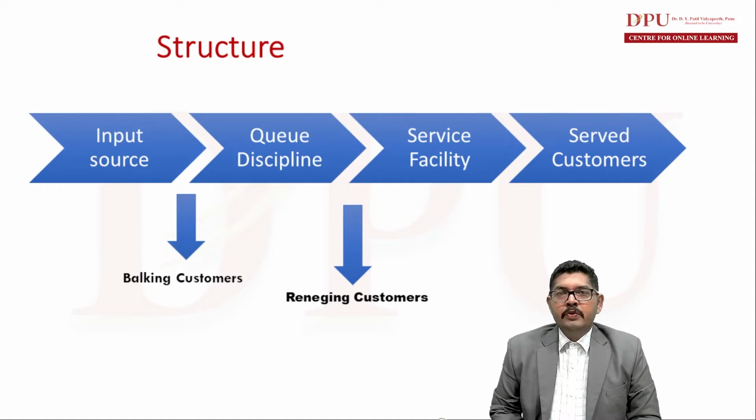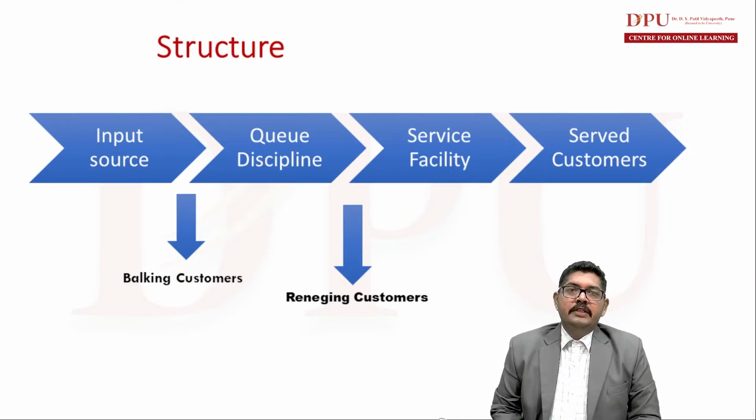So in queuing theory, there will be some customers who will be in the queue, and some customers who are being served. So the total number of customers in the queuing system will consist of the number of customers who are in the queue as well as the number of customers who are being served.